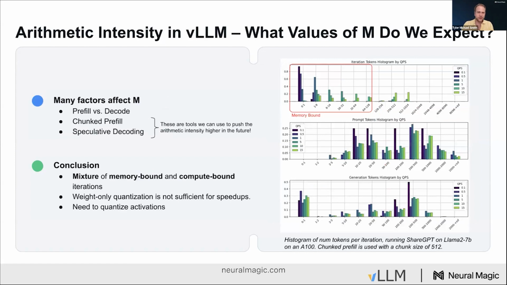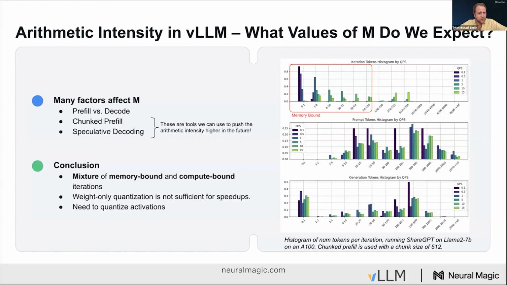But then there's a question of what values of M we expect. For prefills, we have really large M, which depends on how much text is being inputted to the LLM at once. You can see prefills of 1024, 2048, something large.